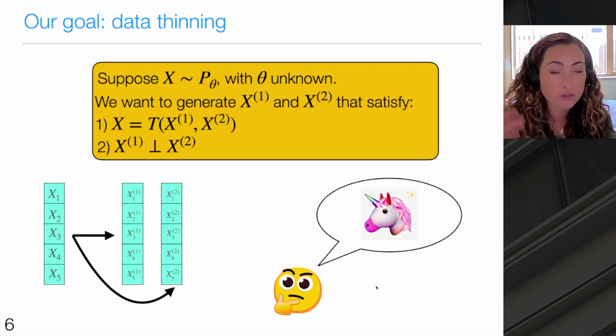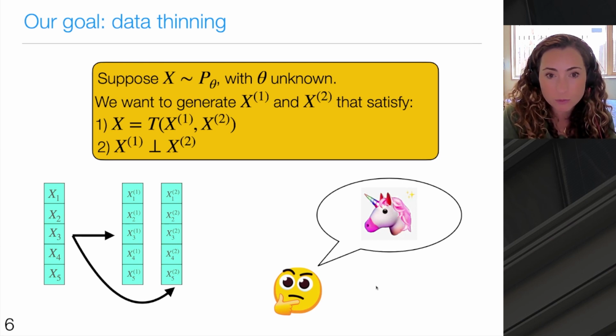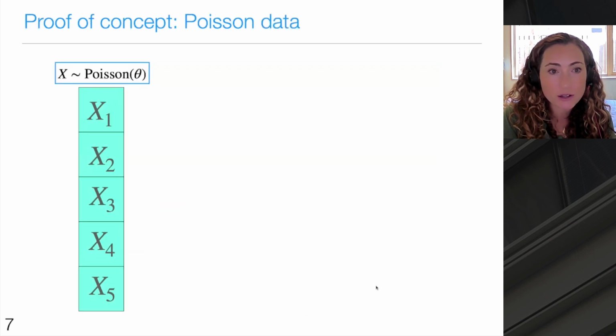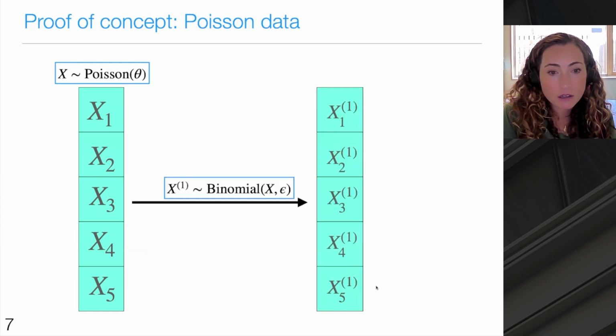To show you that this is something we should potentially be able to do, I'm going to return to a very simple example that you probably did as a homework exercise in undergrad or in grad school, which is the Poisson example. Let's say that x is distributed Poisson theta. I'm going to generate x1 from a binomial distribution with size x and probability epsilon, where epsilon is a pre-specified number between 0 and 1.